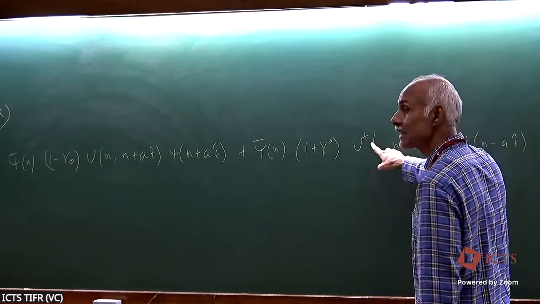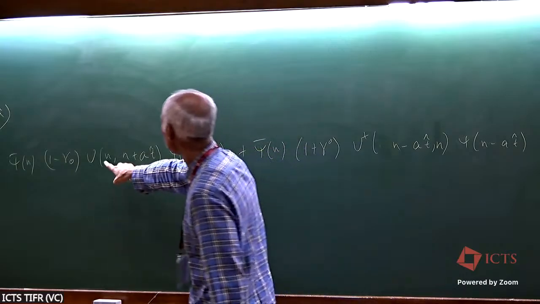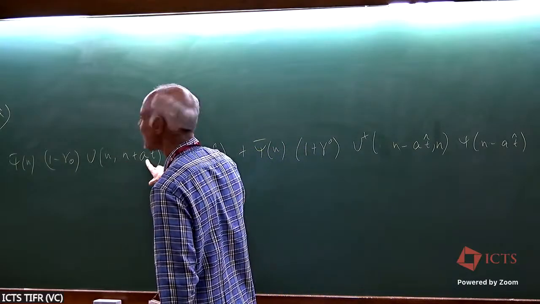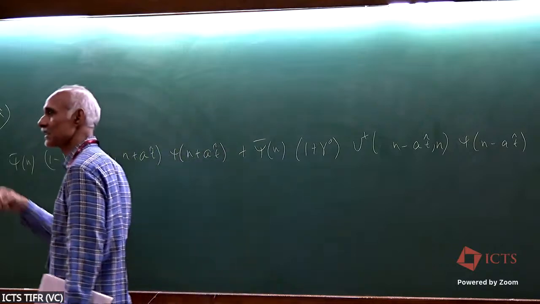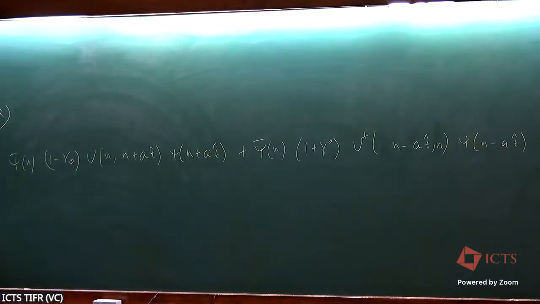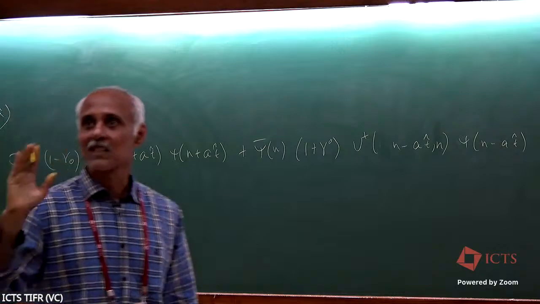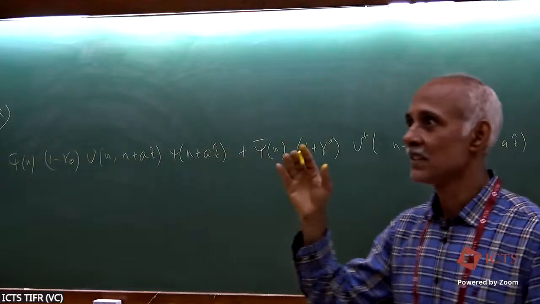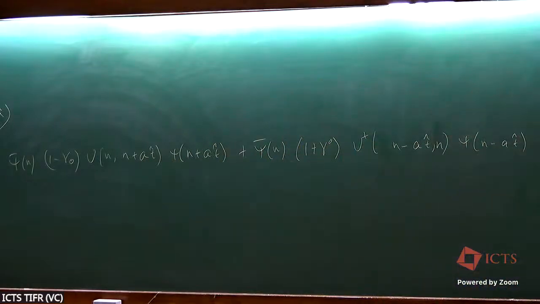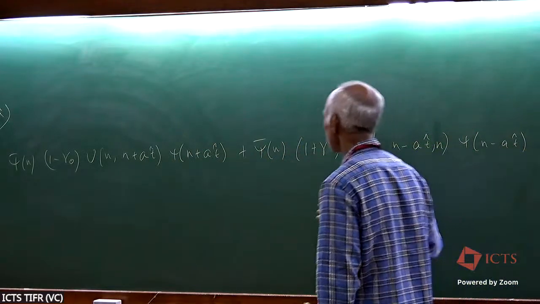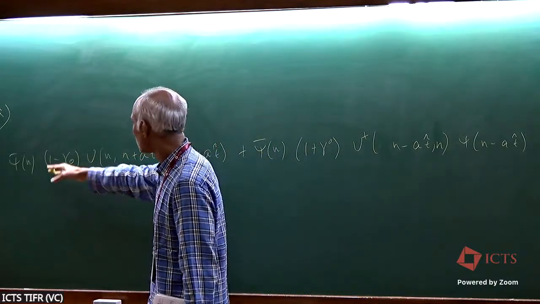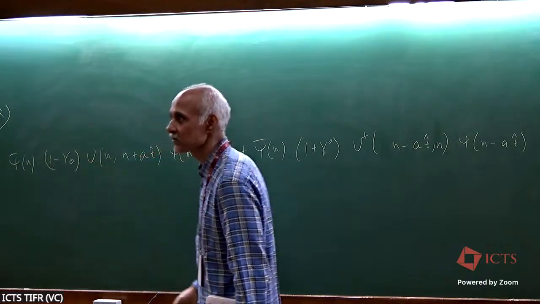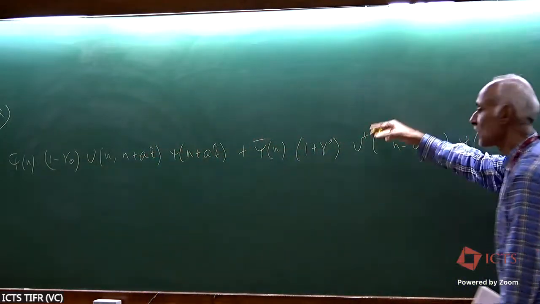U dagger. So this is U that goes from n to n plus a t hat. Sometimes I'll use 0 hat or something, so time direction. Remember the projection to the quark fields was with 1 plus gamma 0. The projection to the anti-quark fields was with 1 minus gamma 0. So clearly the term with 1 minus gamma 0 here will give the anti-quark kinetic term, and this is the quark kinetic term.